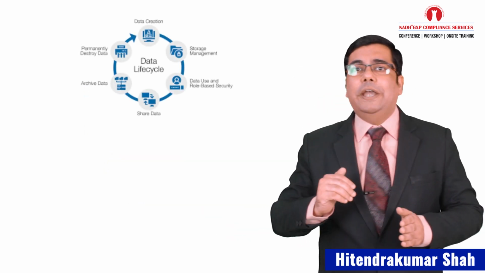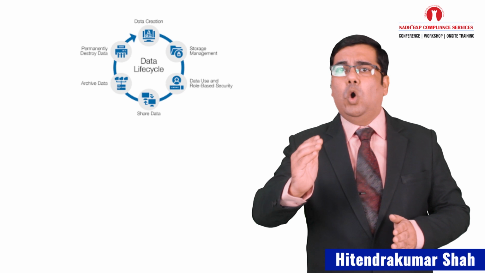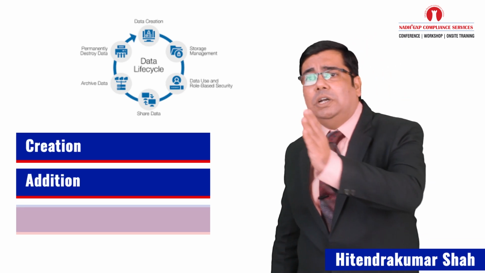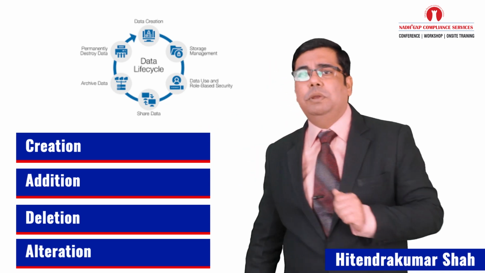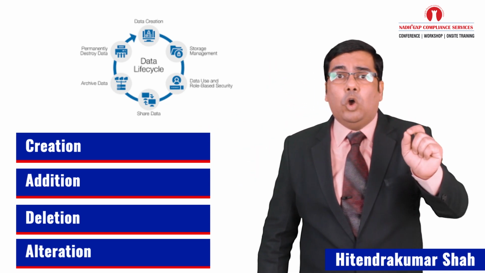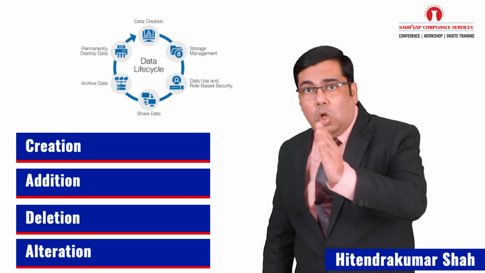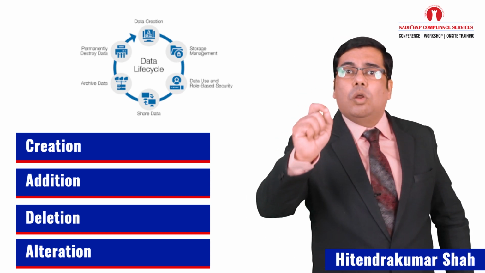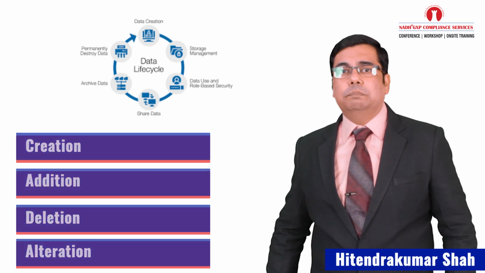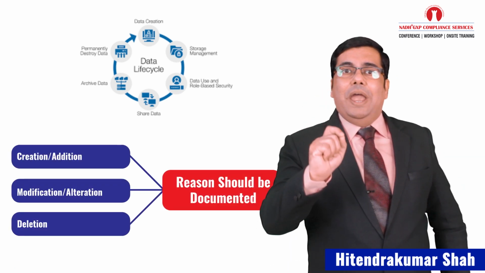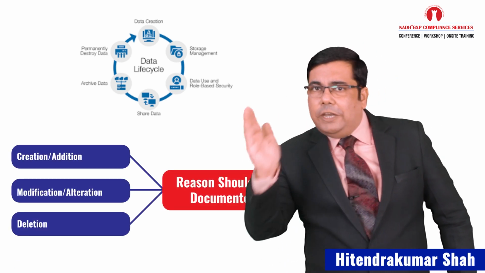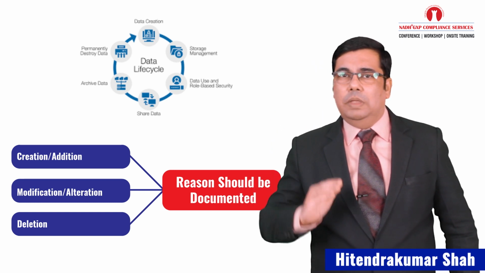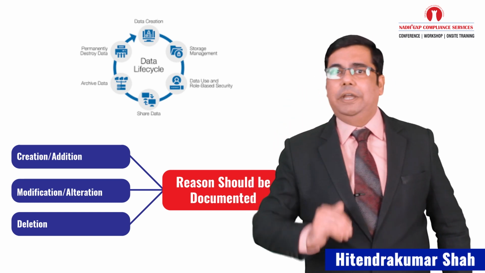Audit trail provides for secure recording of life cycle details such as creation, addition, deletion or alteration of information in a record, either paper or electronic, without obscuring or overwriting the original record. It is required that if change or deletion of GMP relevant data is possible, the reason should be documented.